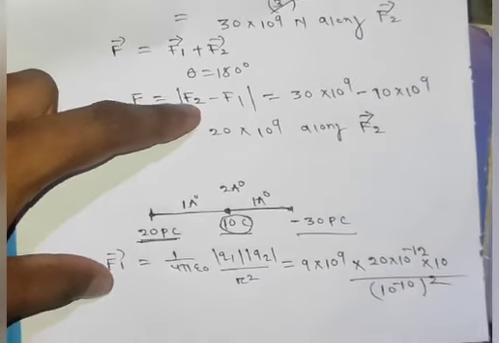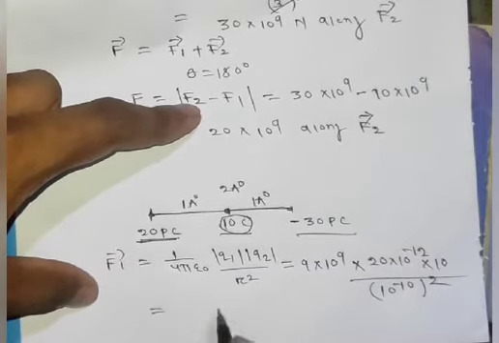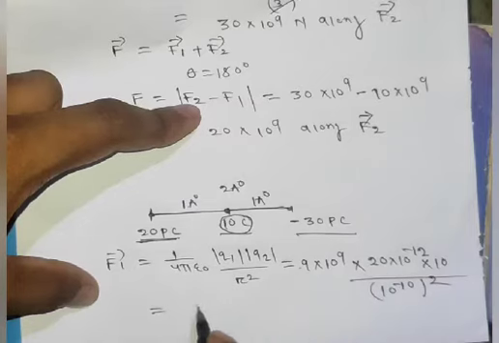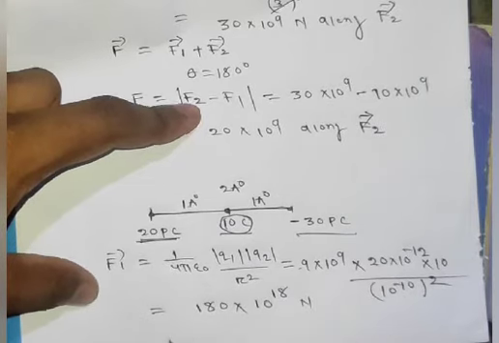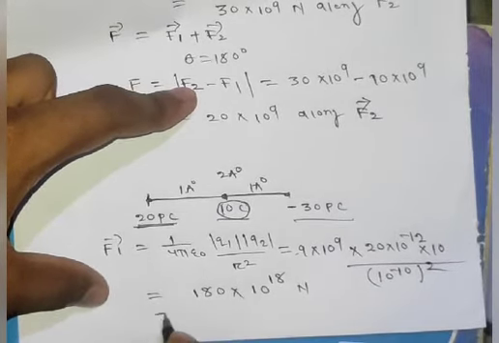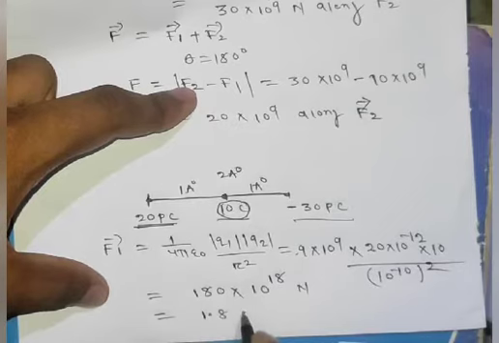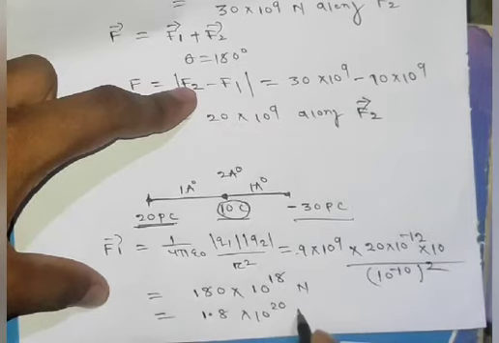So when we solve, what will be the value? 20 into 9 will be 180, and this will be 10 to the power 18 Newton, and further if we rewrite, it will be 1.8 into 10 to the power 20 Newton.